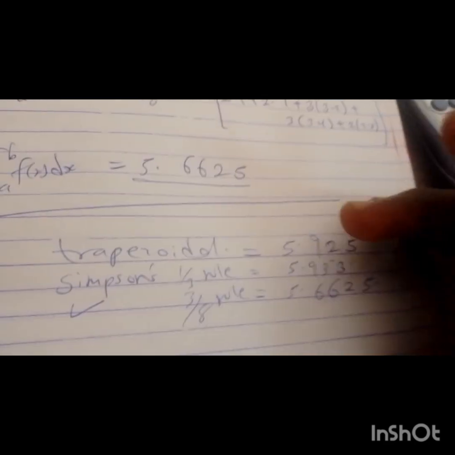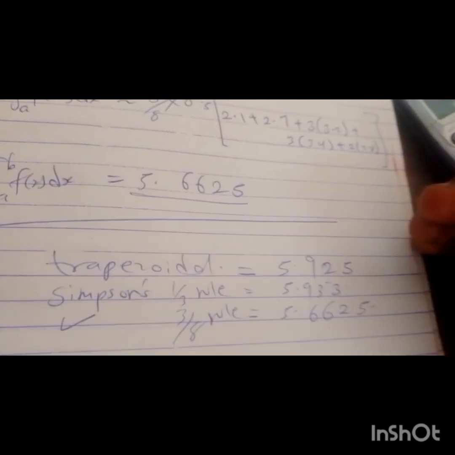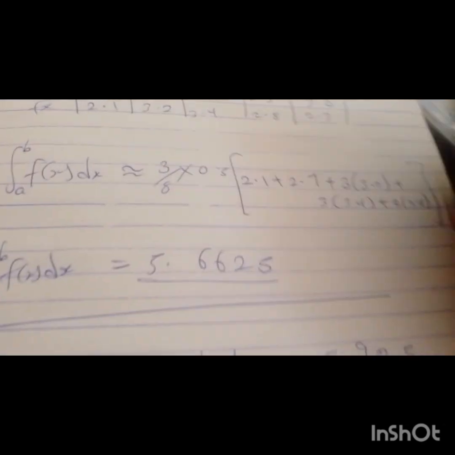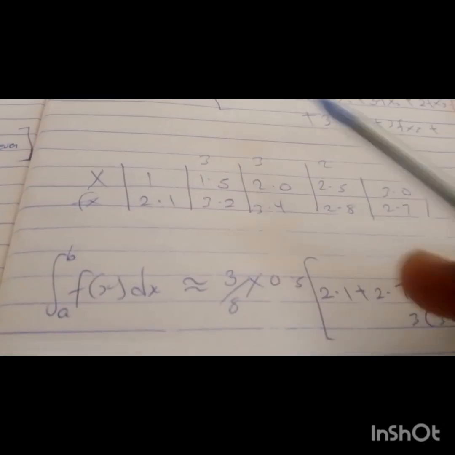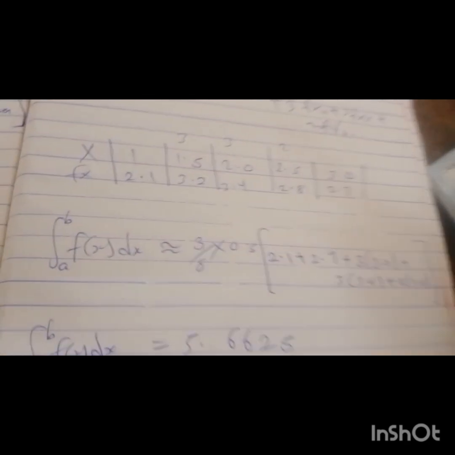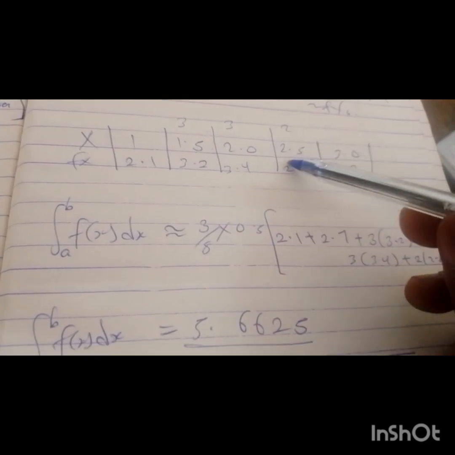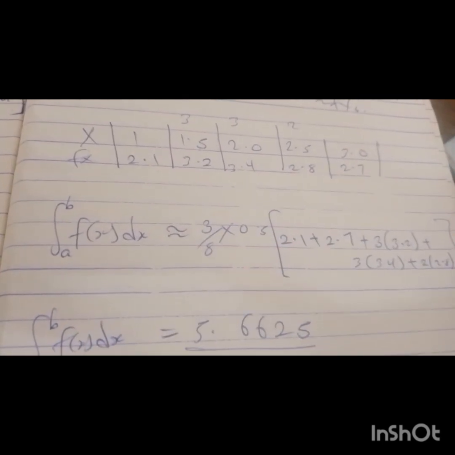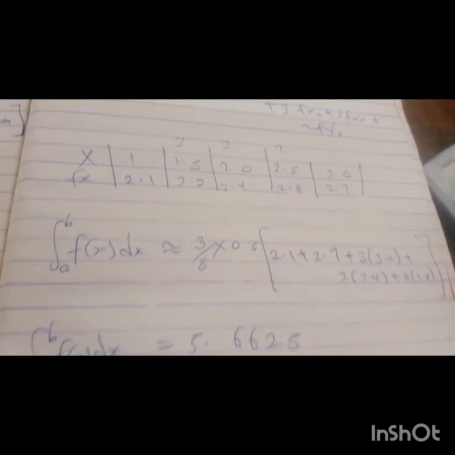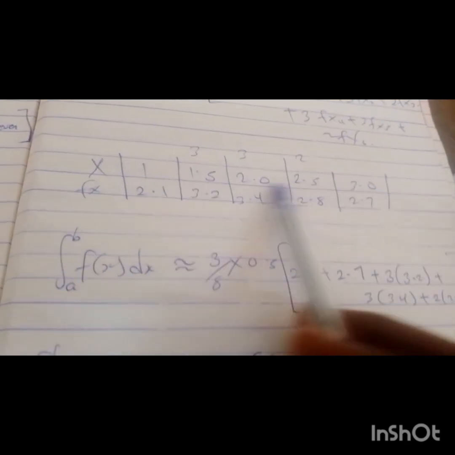So what we can do to find out which one is more accurate is that we have this data, so we can plot it on a graph and use some computational tool, or maybe find the formula of the curve that best describes this.